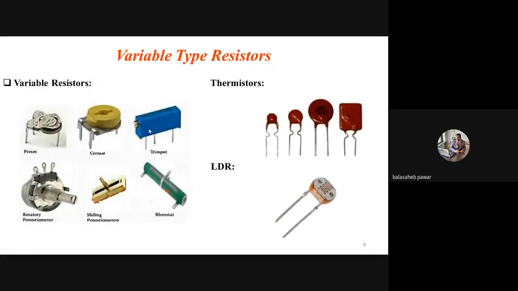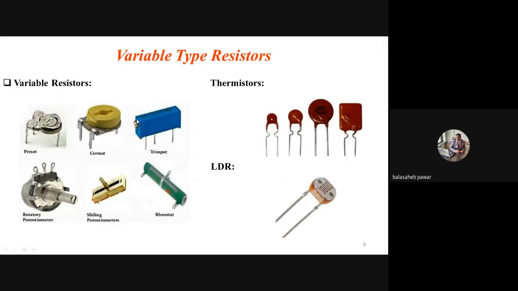This multi-turn, the blue colored trim pot, is multi-turn. Suppose it turns 10 times, and then it will offer the maximum resistance of 10K. That is 10 rotations for this trim pot. Here the rotary knob is provided, and we can rotate it by using a screwdriver.